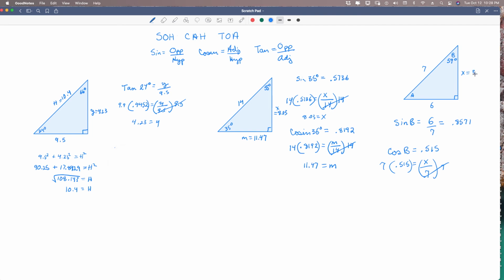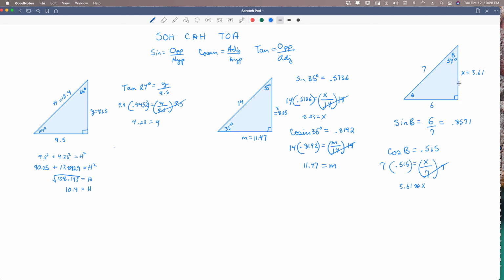So 3.61 is equal to x, or approximately equal to x. Where I've got equal on all of these, it's technically supposed to be approximately equal. But that's okay. We're going to use it as equal for right now.